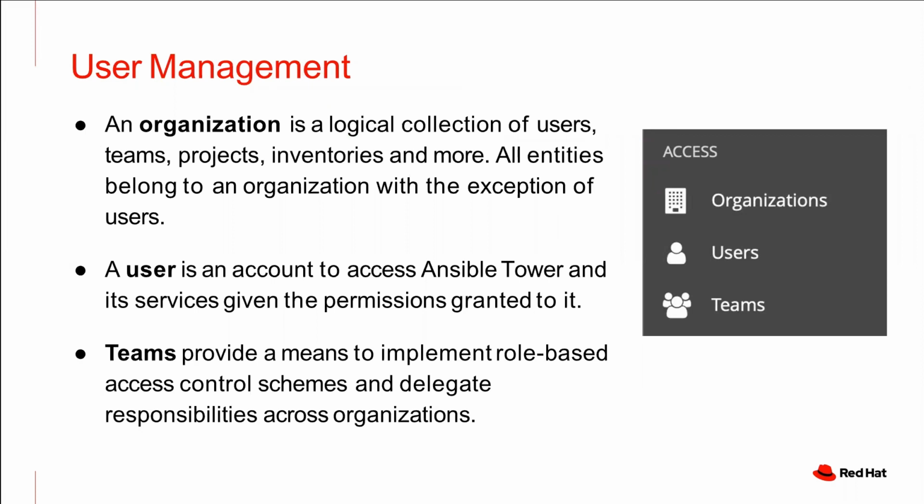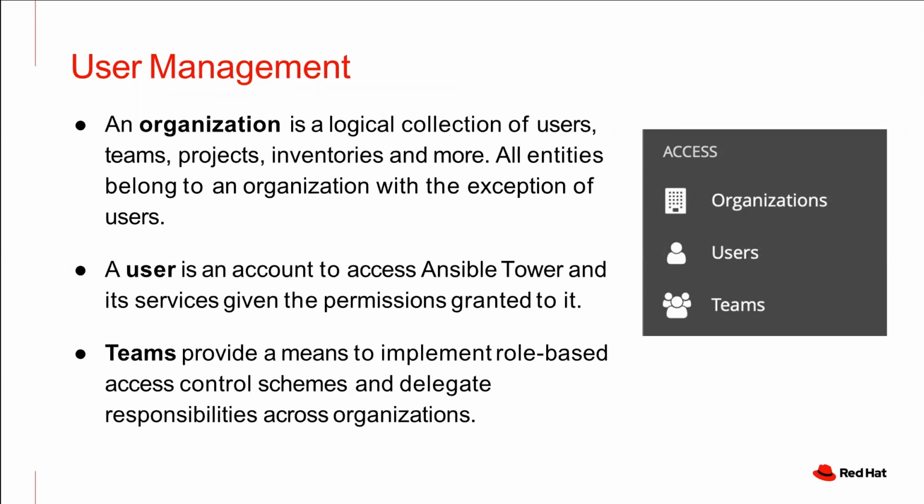So if you're not familiar with it, we have organizations. We can have multiple organizations within Ansible Tower. An organization is a logical collection of users, teams, projects, and inventories.